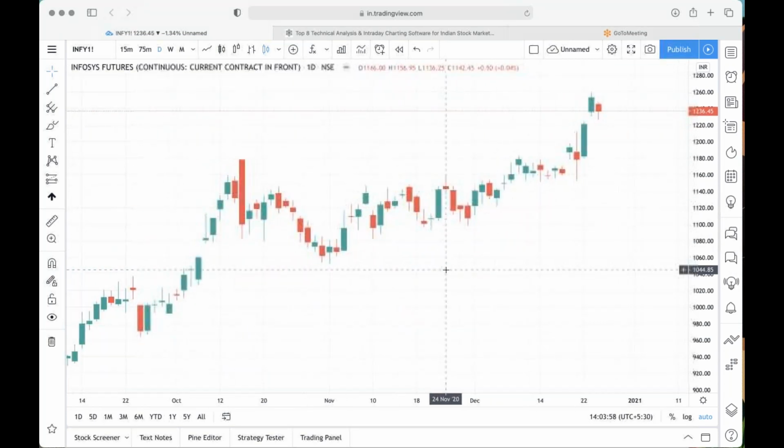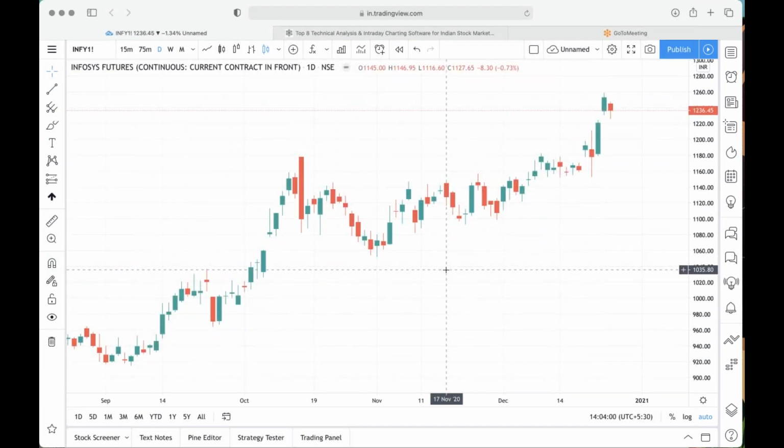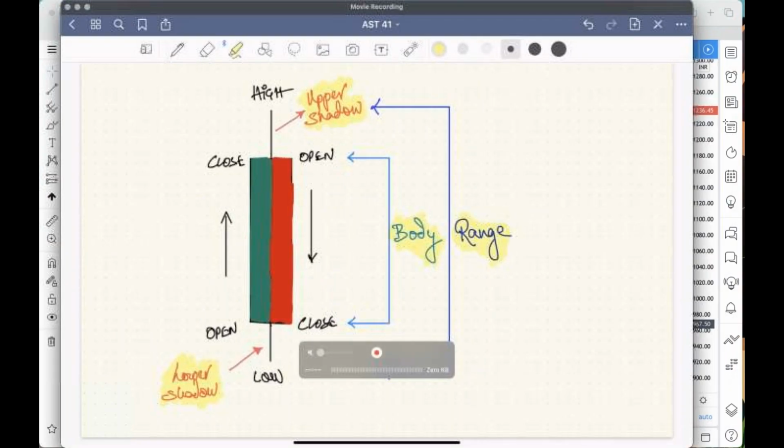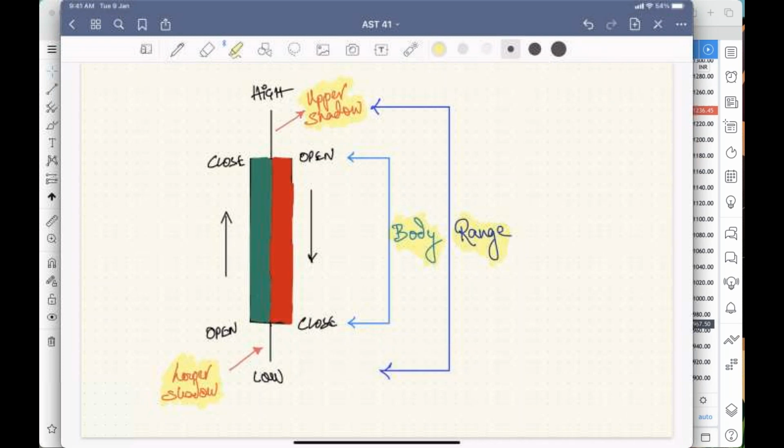And so there are variations of these 4 elements of a candlestick: the range, the body, the upper shadow, and the lower shadow. Green or red, that is positive or negative, depends on the close vis-a-vis the open.